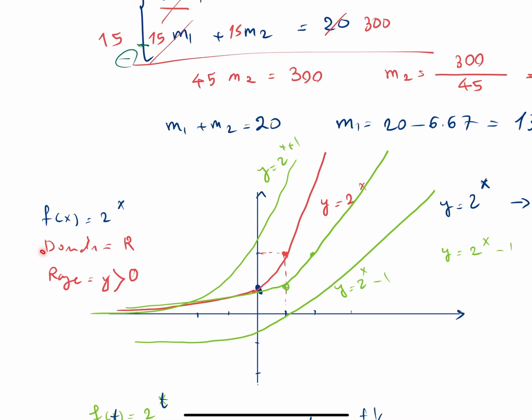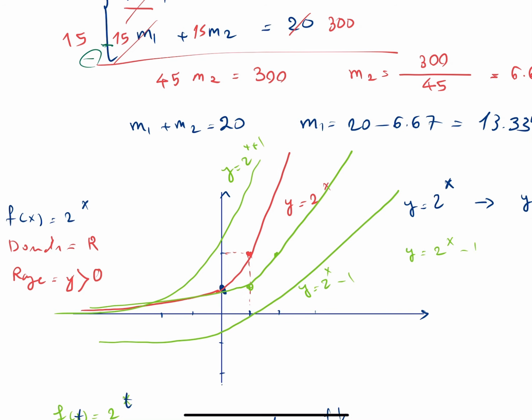The domain is R, and the range is just y bigger than 0. But for transformation, if we have x plus 1, we go to the left because it is plus 1. Negative 1 in the power, then we go to the right.